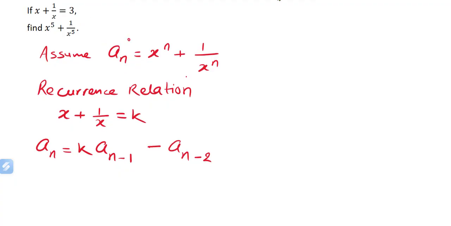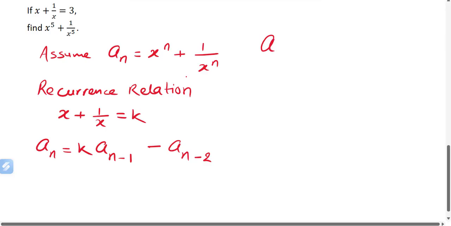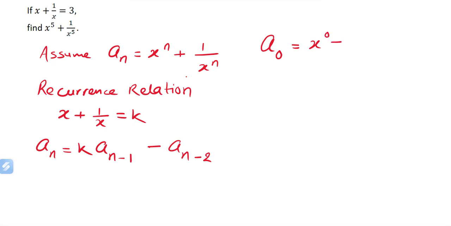Here we assume a n is equals to x power n plus 1 over x power n. In this relation, if we say n is 0, the value of x power 0 plus 1 over x power 0. If the exponent is 0, for any base, the value is equal to 1.